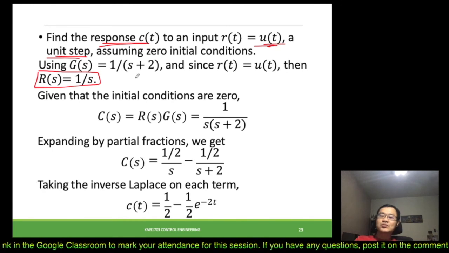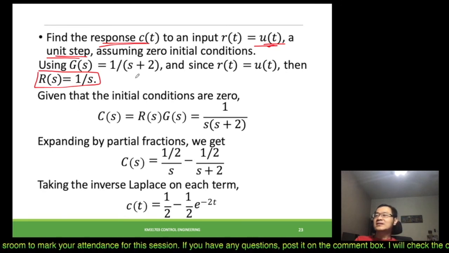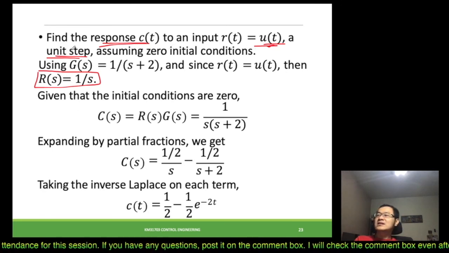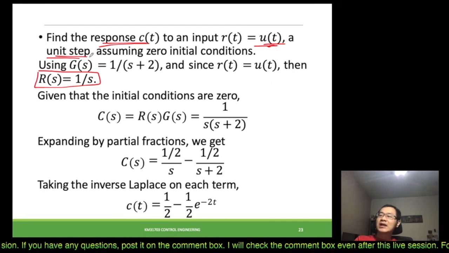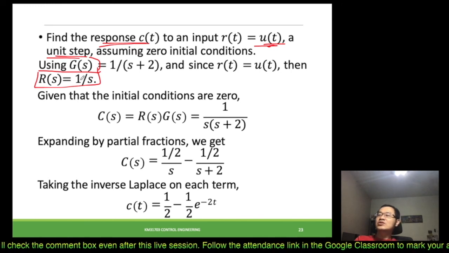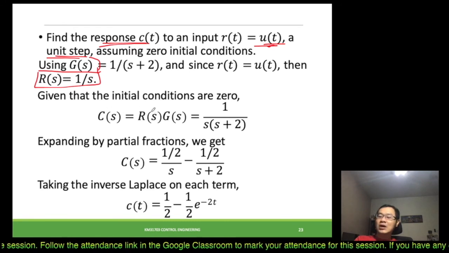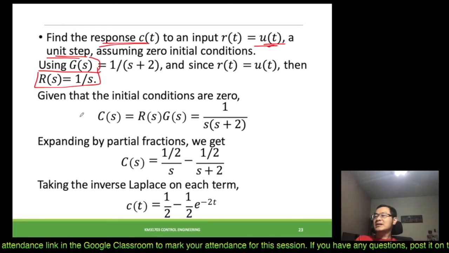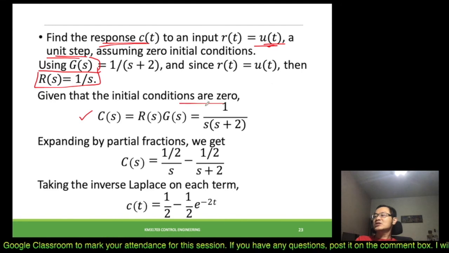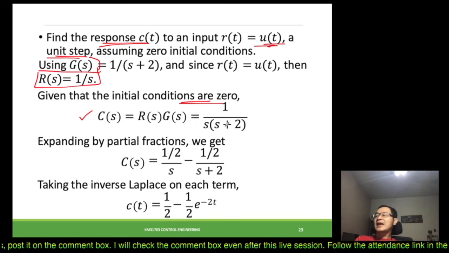Since the unit step is 1/s, we just put it into our previous equation, assuming the initial conditions are zero. So the output would be 1 over s multiplied by (s + 2).